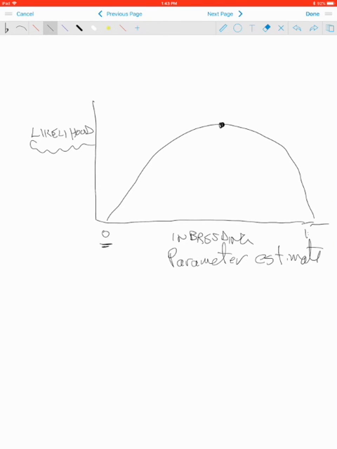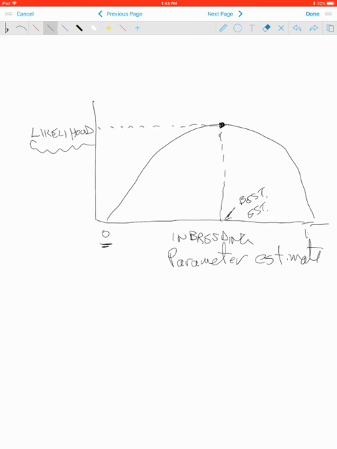Whatever the highest point on this likelihood curve is, that is taken as our best estimate of the amount of inbreeding in this population.